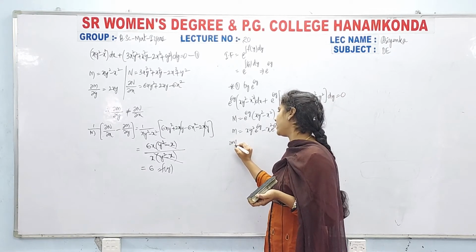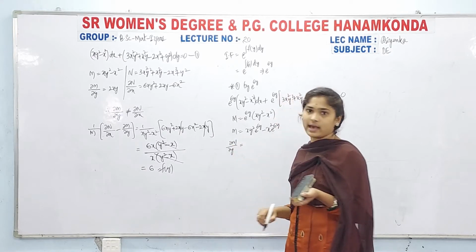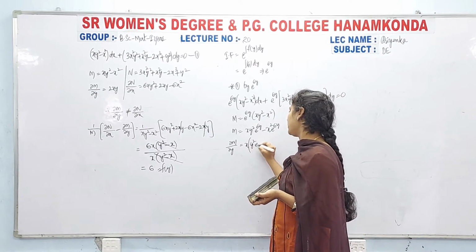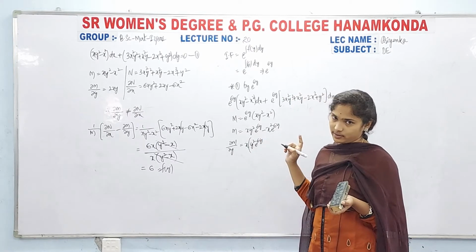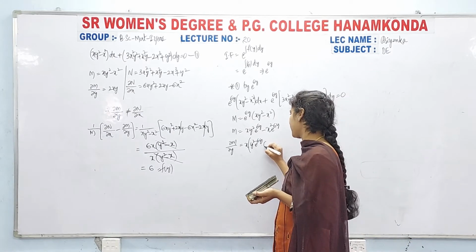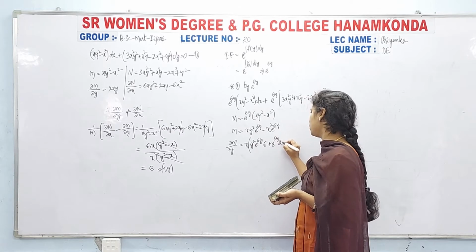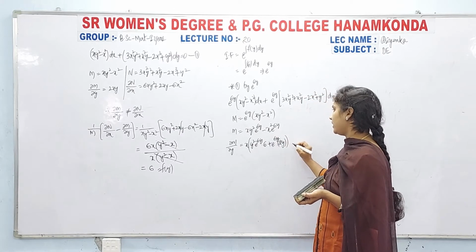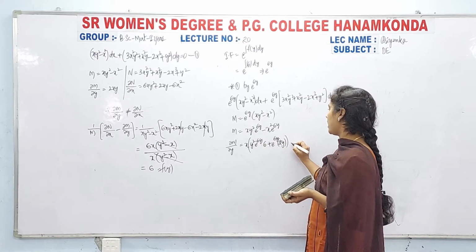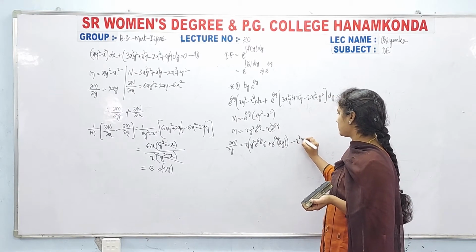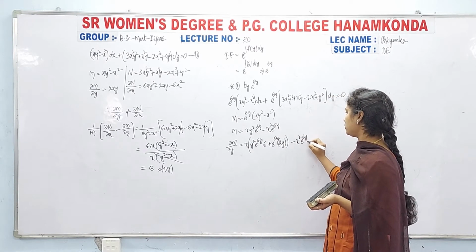Now, dou M by dou y, with respect to y we have to do. Now, x of y square into e power 6y, derivative is e power 6y into 6, okay, plus e power 6y into 2y. Okay. Now, here it is finished, again minus what we get here, x square as it is and e power 6y into 6.